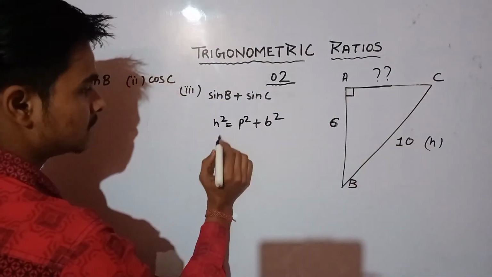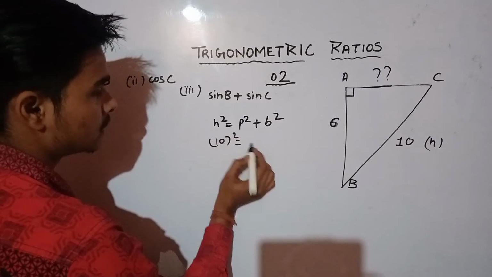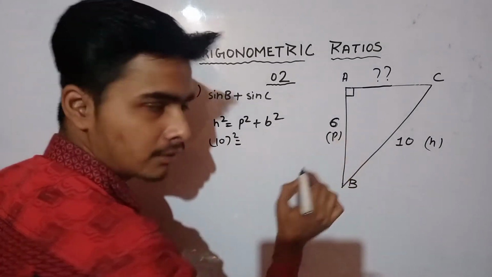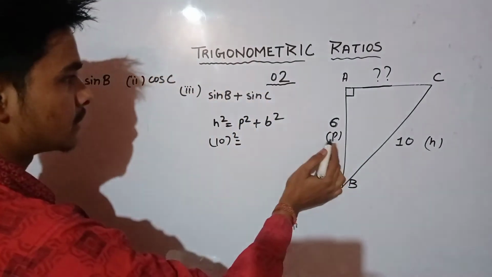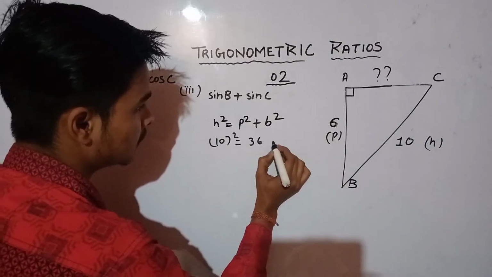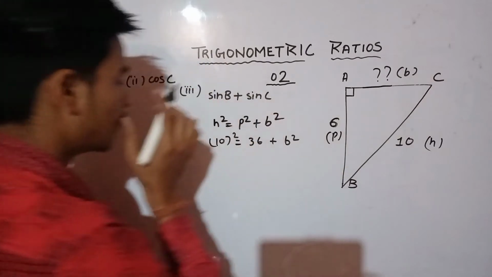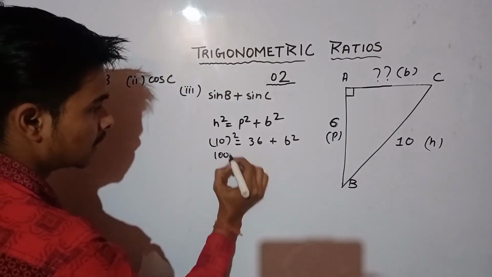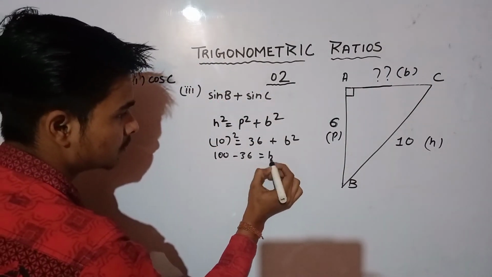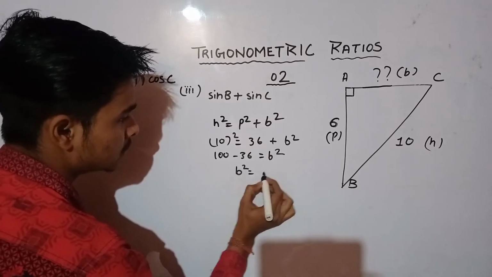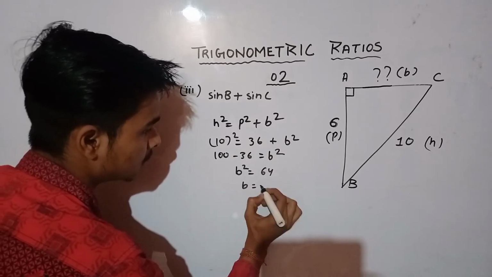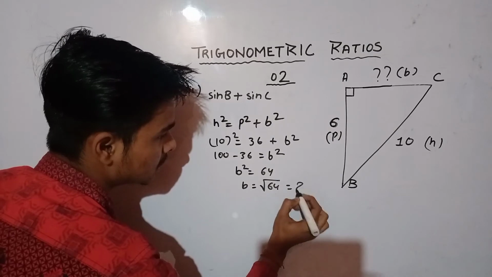The hypotenuse is 10, this is clear. So 10 square is equal to, let me call it perpendicular for now, 6 square, 36, plus base square. Now 10 square is 100, and 100 minus 36 is equal to b square. So b square is equal to 64 and b is equal to under root of 64, which is 8.